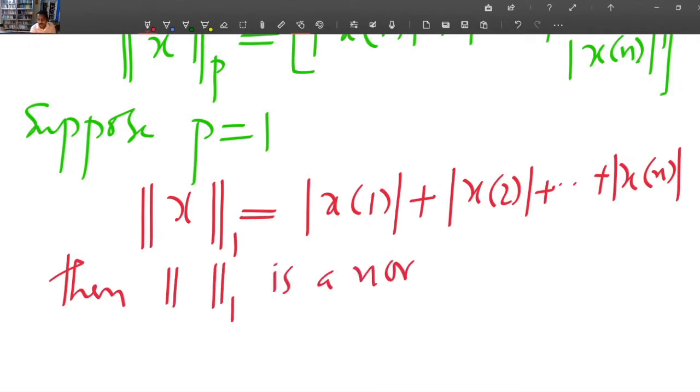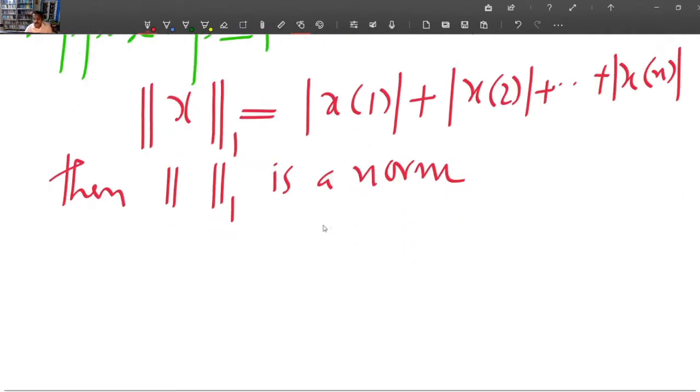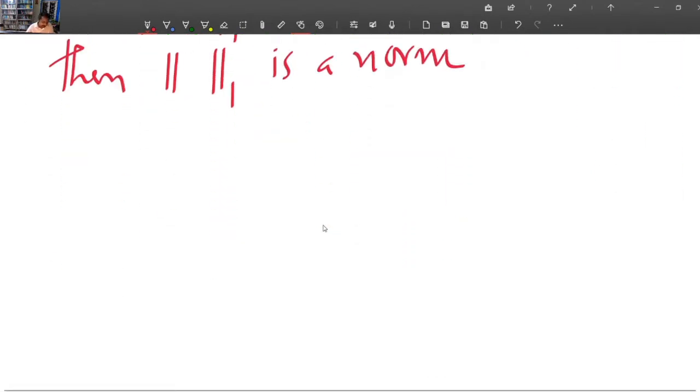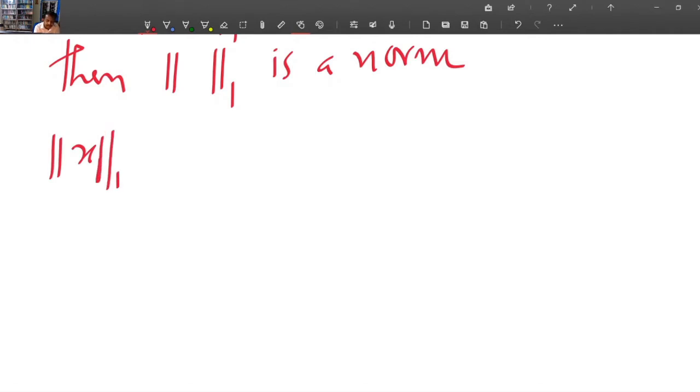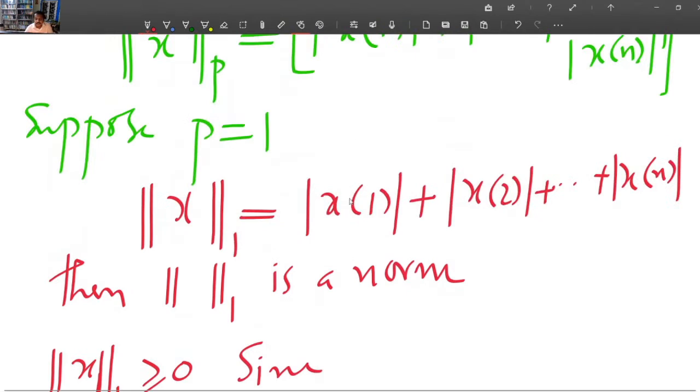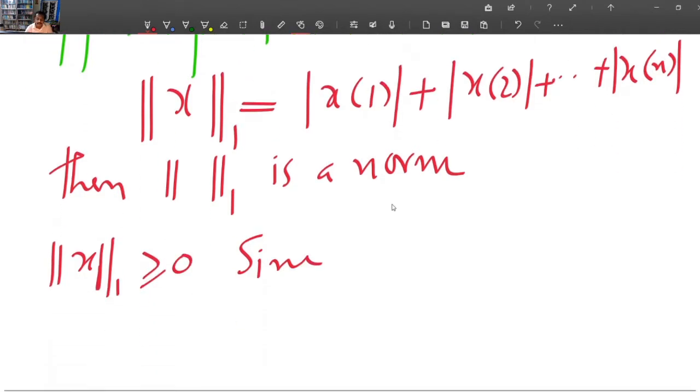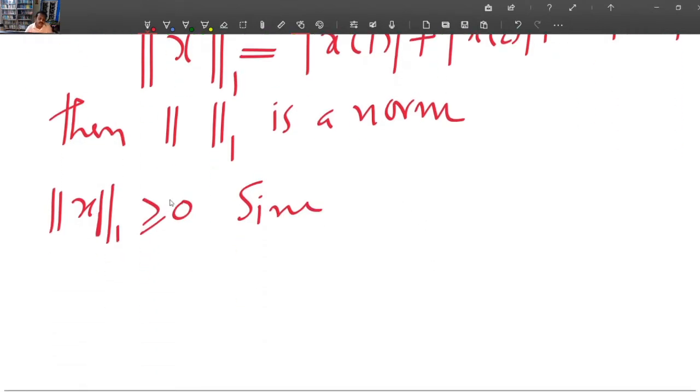We are going to prove that. We have to check three conditions. One, the 1 norm of x is greater than or equal to 0. Since each of the components x of i has non-negative modulus, their sum will also be non-negative.